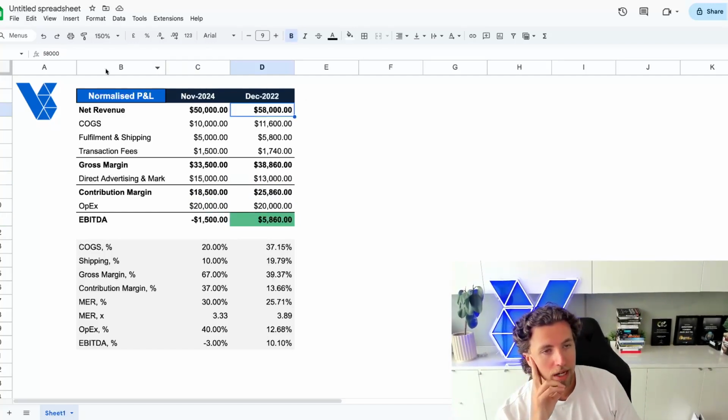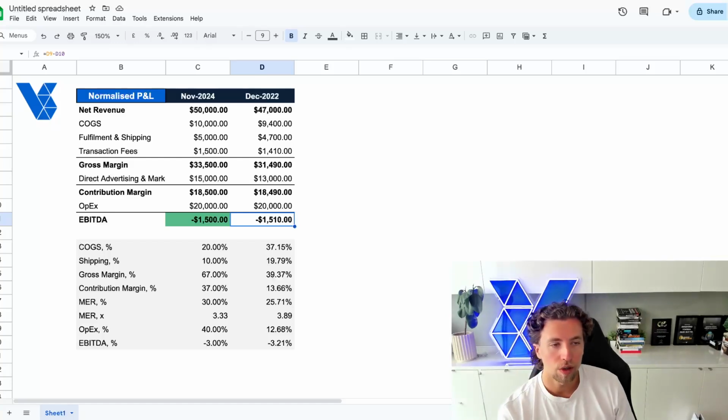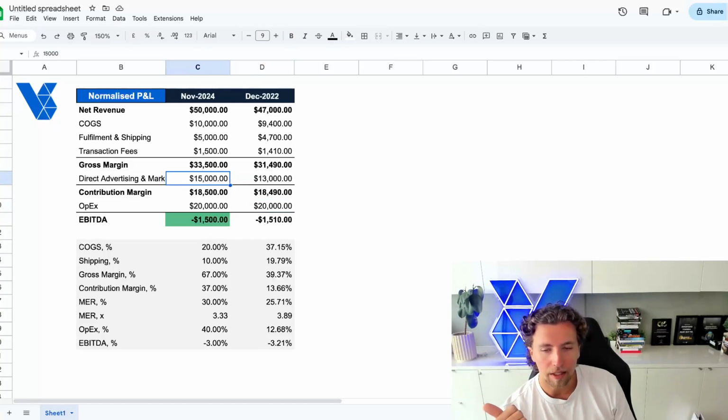They drop by $2,000, but that loses us some top line revenue. Maybe we don't lose a lot, but let's say we lose $3,000 in top line revenue. Well, then now we're actually in a worse position. We just took a step back rather than a step forward by cutting spend. That's why cutting spend is not the solution.